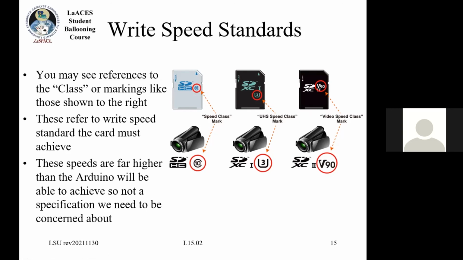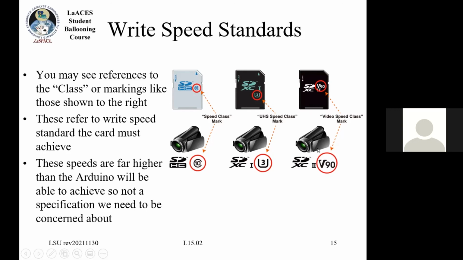So there's these standards that basically say that, oh, if I have a class 10 SD card, it will be able to write at least this fast, or an ultra speed class 3 or UHS, yeah. And then I believe this V stands for video, and I want to say that's like 90 megs per second is what the 90 is.